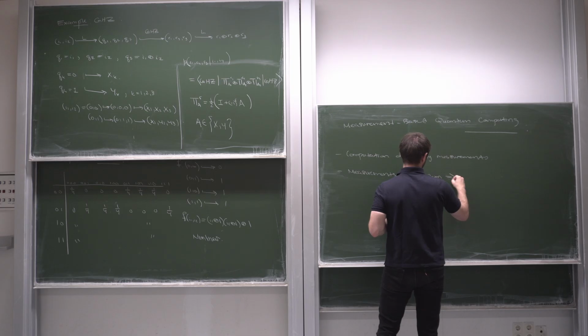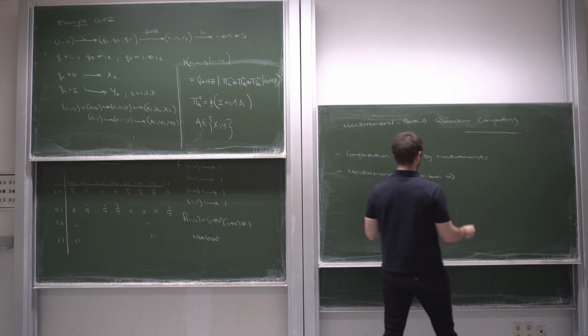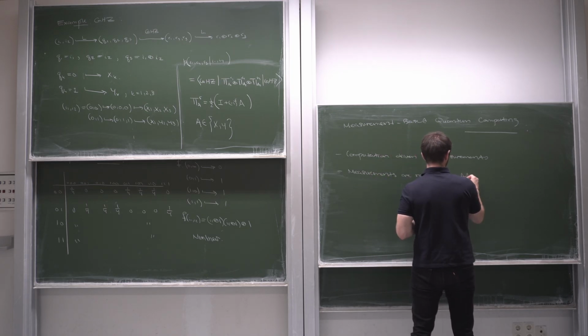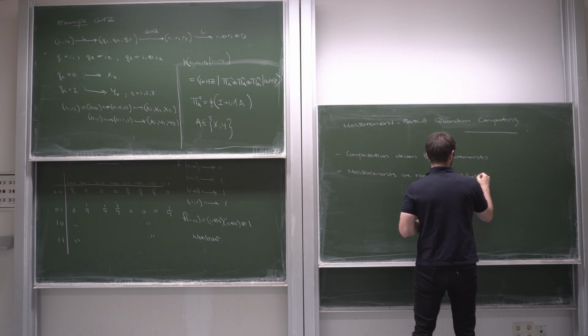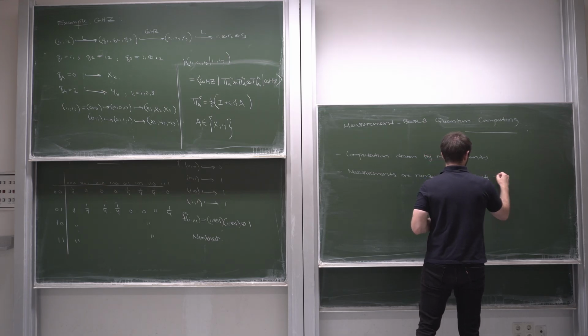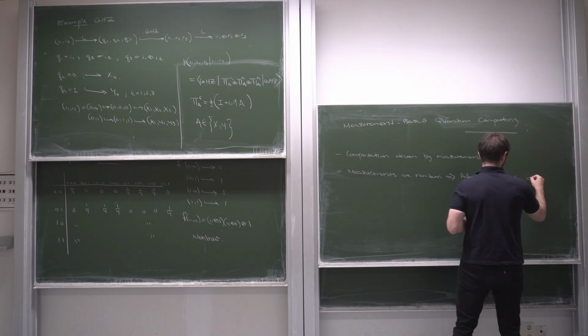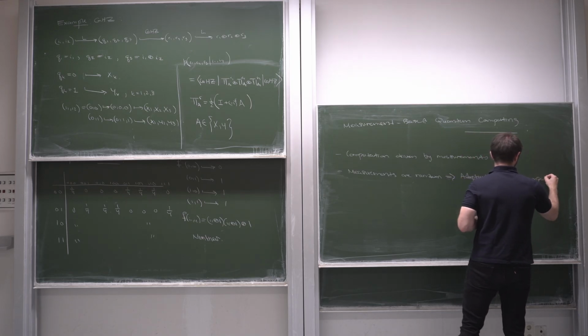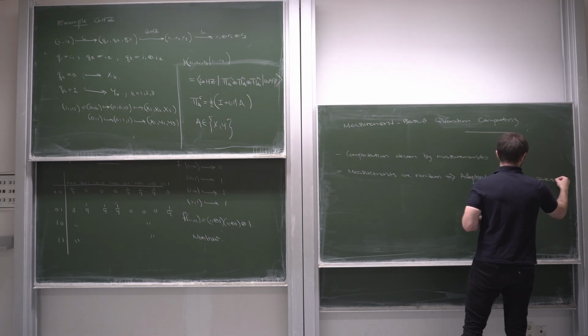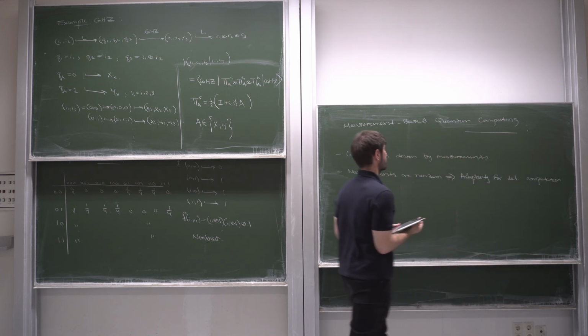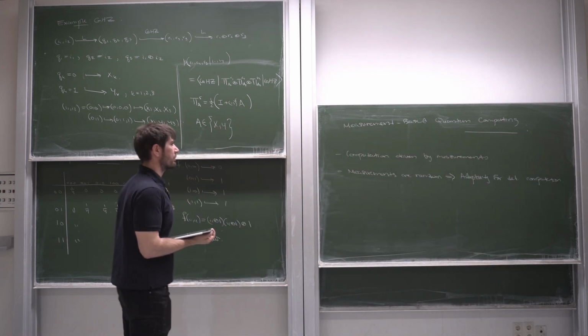the randomness of the measurements implies that you need to have adaptivity for deterministic computation in the general case. We actually just looked at two examples where that wasn't the case.